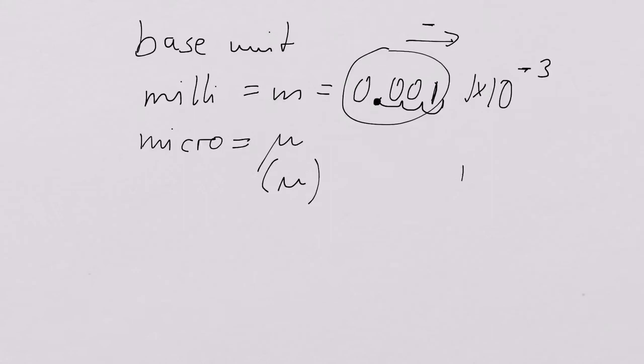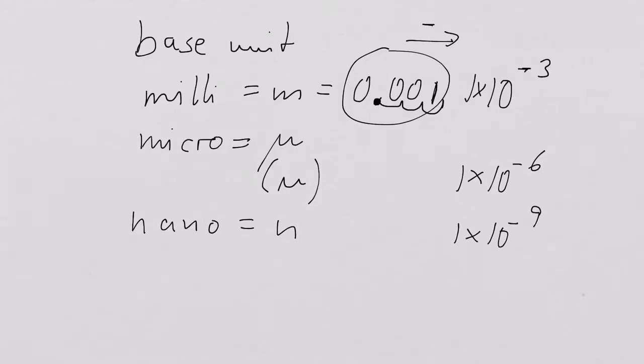So this would be 1 times 10 to the minus 6. Micro. Next one. Nano. N. 1 times 10 to the minus 9.